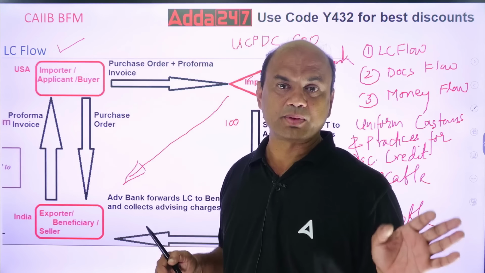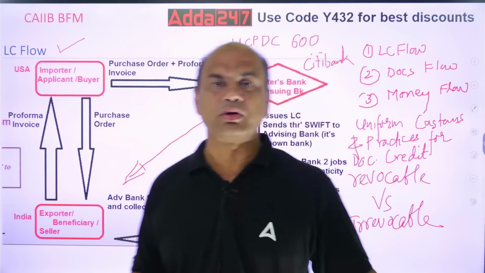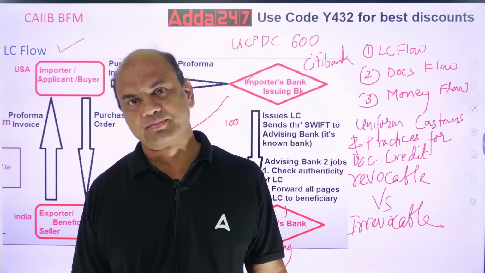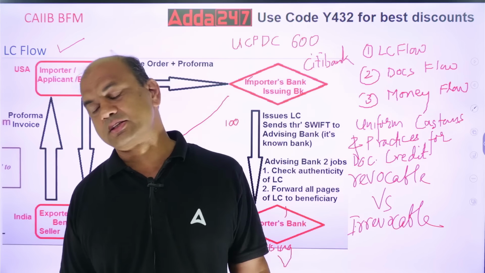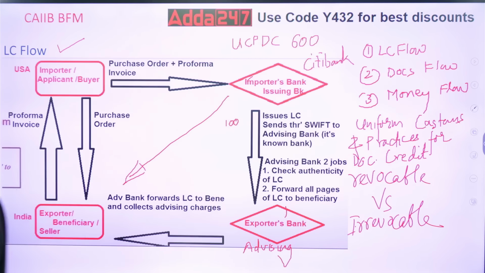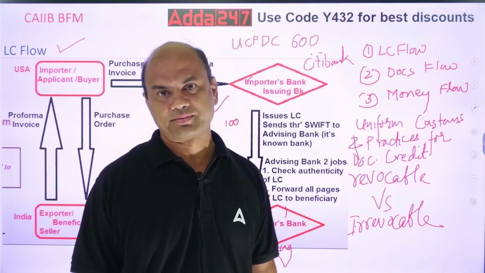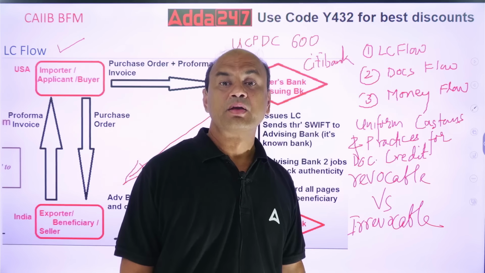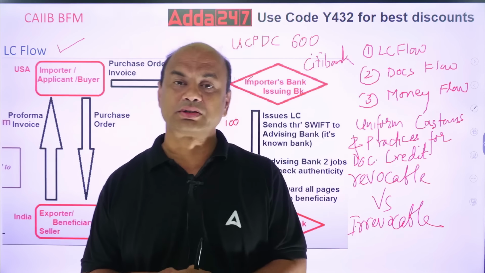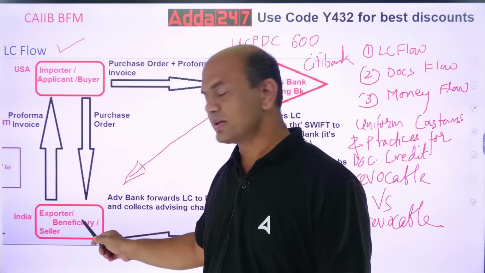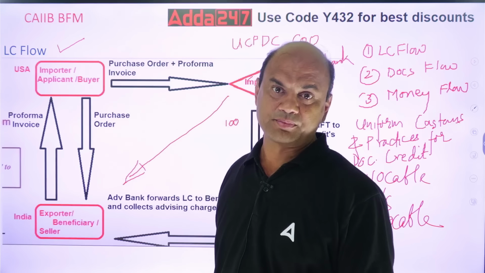Otherwise, the LC cannot be cancelled. That LC is called an irrevocable LC. Kindly note, irrevocable LC means the LC which cannot be cancelled without the consent of all the parties involved. Okay? So this is how the LC flow works. Right now the LC is with the exporter, the beneficiary.